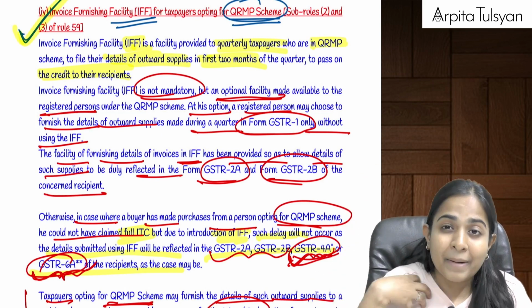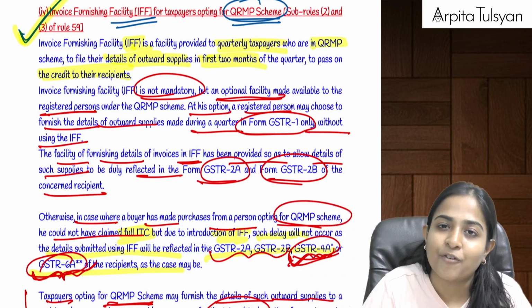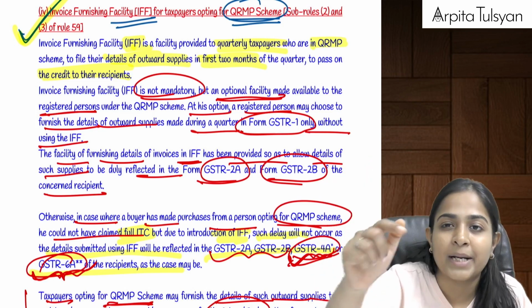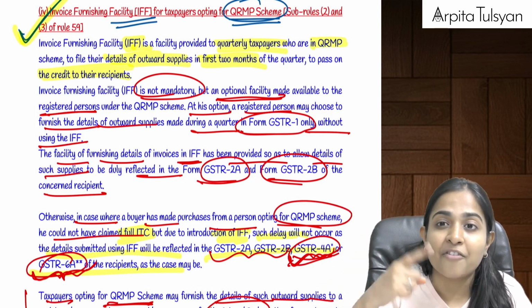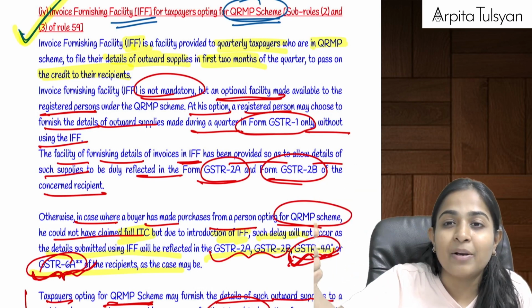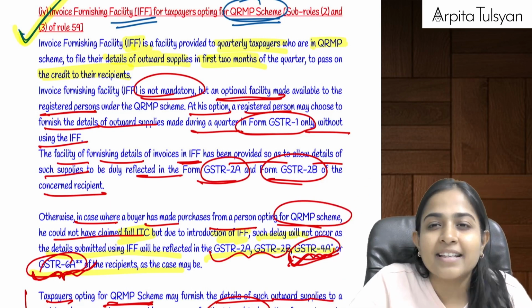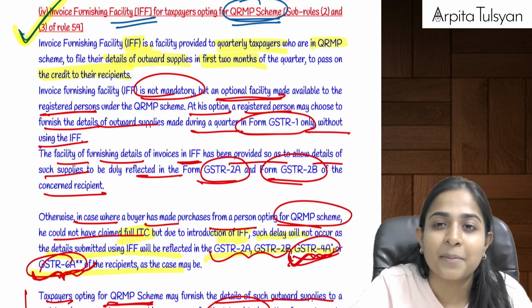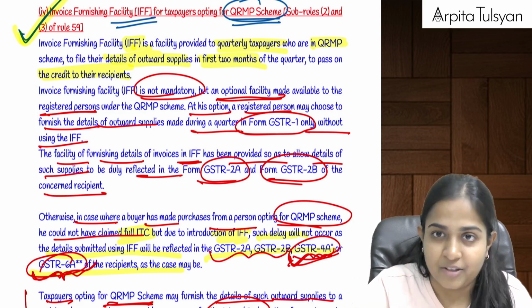Now if I submit GSTR1, then only the credit will be available in its GSTR 2B. If I submit monthly GSTR1, monthly GSTR 2B will be generated for that particular person and it will be shown for that particular month. But if I am filing GSTR1 on a quarterly basis, can we say the input tax credit will be available to that recipient very late? So can we say this is unfair to that other person? So the GST department has given us an option, not mandatory.